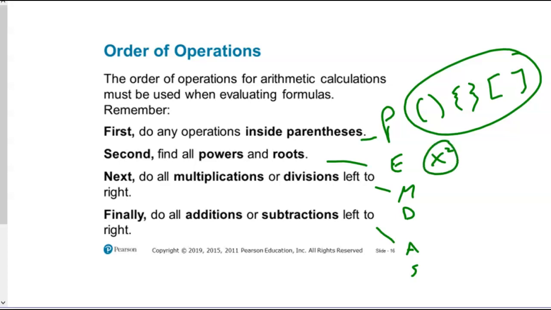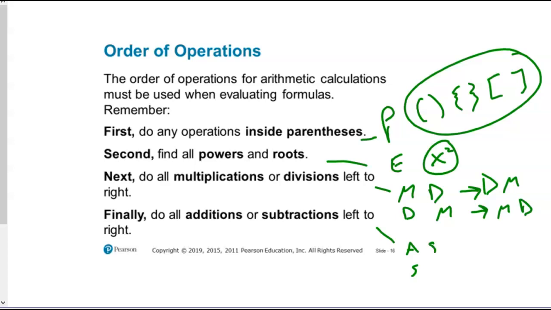Multiplication and division: one of the things that's really important to remember is that these are interchangeable. You can do division first or multiplication. It just depends on which one is to the left. So you always work from the left and either do division first or multiplication, or do multiplication and then division, when working from the left side of the problem.